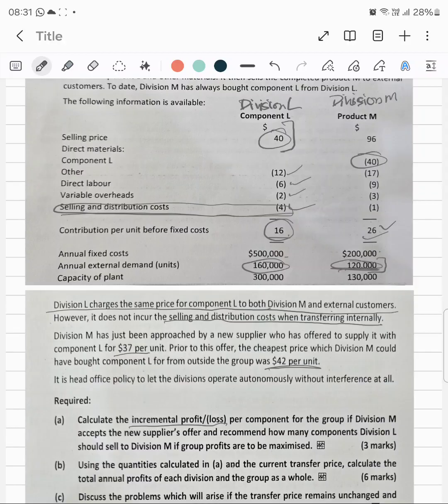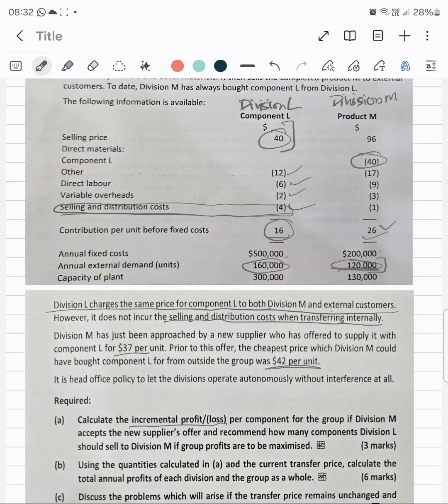It is a problem now that division M has been offered component L for $37 per unit. If division M now acts in its own interest rather than the interest of the group as a whole, it will buy component L from an external supplier rather than from division L. True. Division M has two options, either to buy it internally or externally.